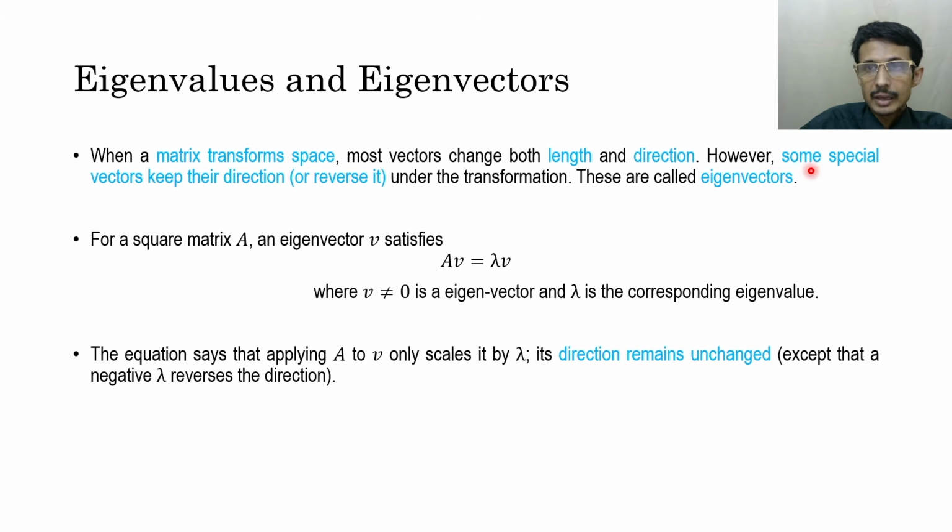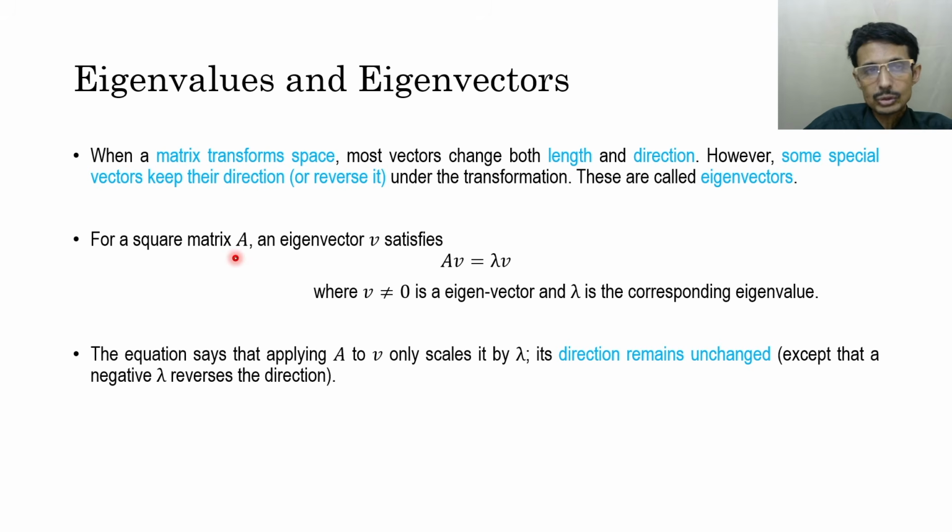However, some special vectors keep their direction intact, or maybe reverse it, under this transformation, and these vectors are called eigenvectors.